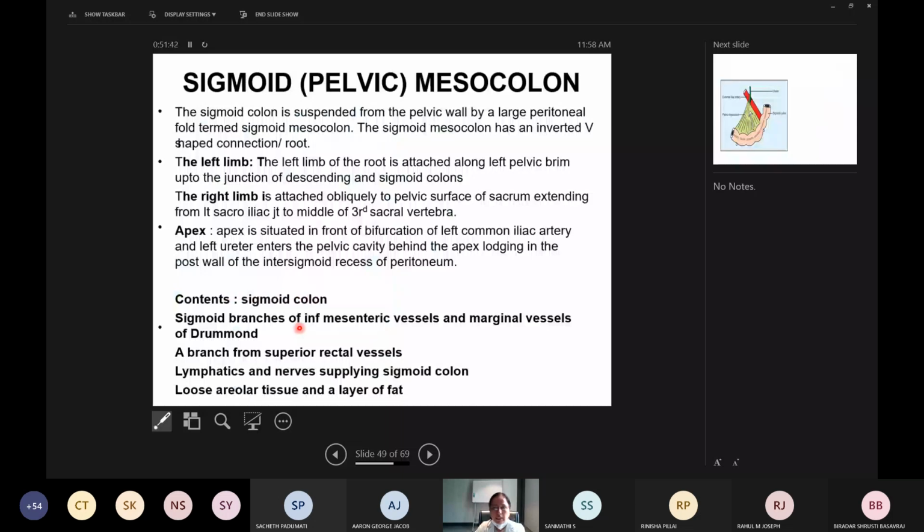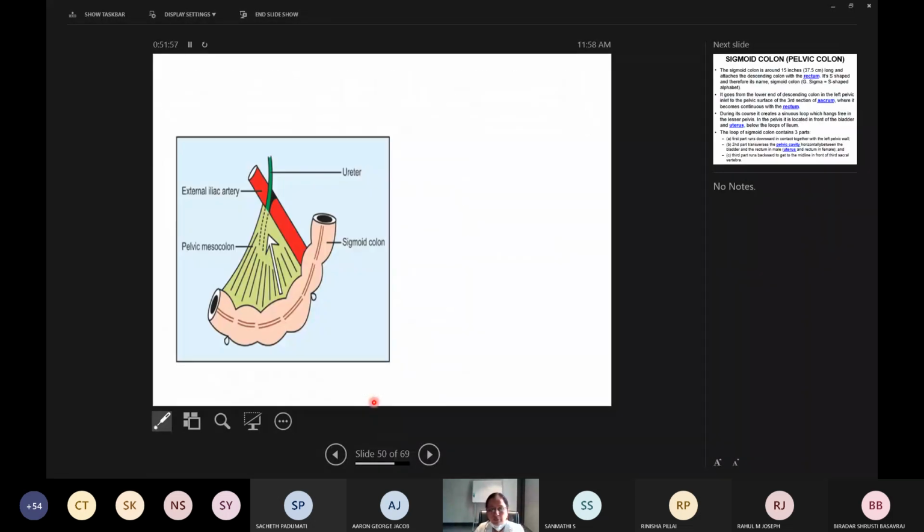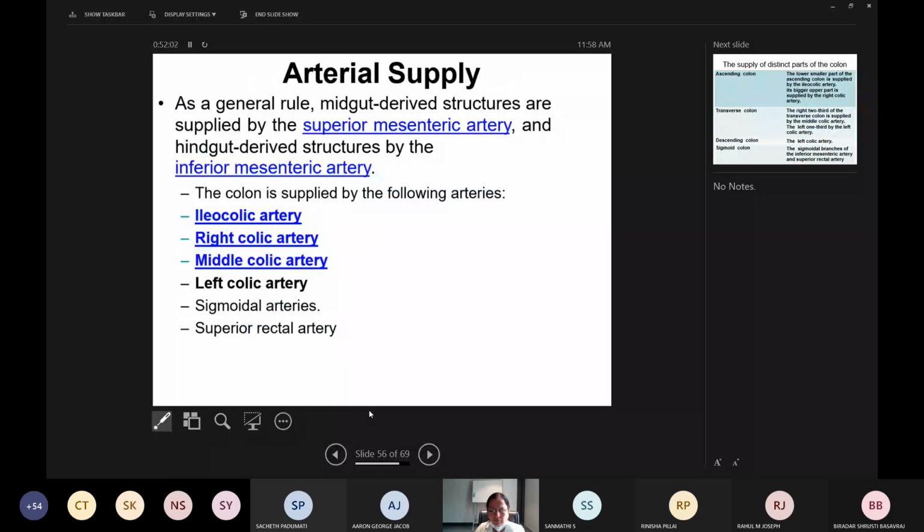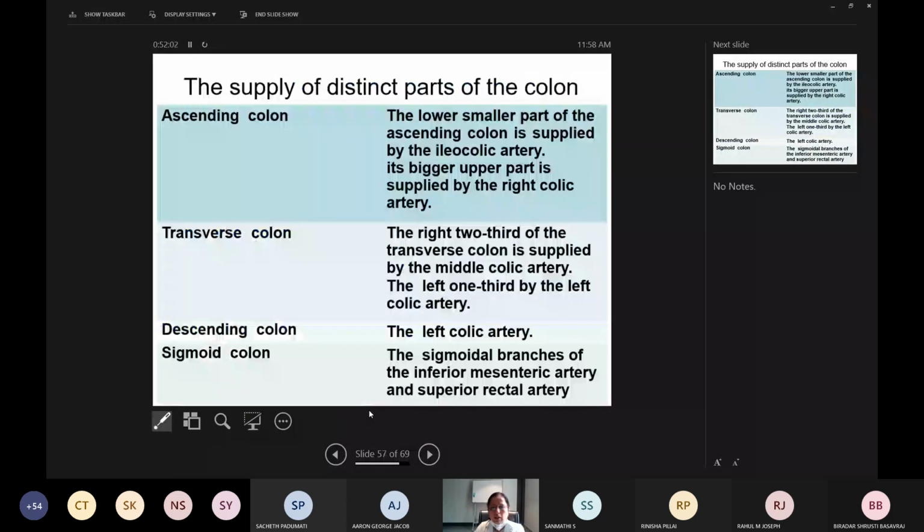It contains the sigmoid colon, the sigmoid branches of the inferior mesenteric vessels, the marginal vessels of Drummond, branches from the superior rectal vessels, lymphatics and nerves supplying the sigmoid colon, and loose areolar tissue. The sigmoid colon will be mainly supplied by the sigmoid branches of the inferior mesenteric artery, and apart from that the superior rectal also supplies it.